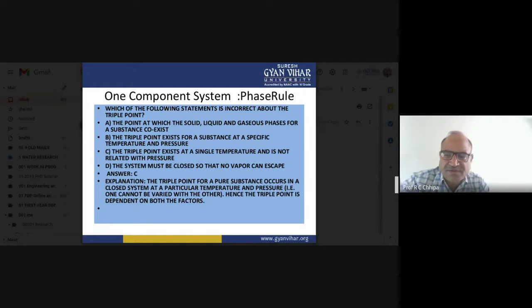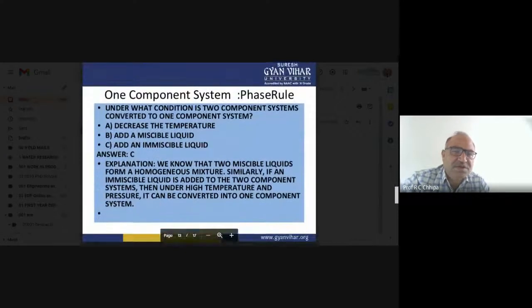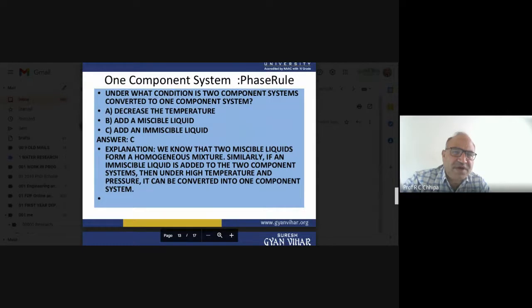Now we have one more question. Under what condition is a two component system converted to one component? Here, add an immiscible liquid, and in that way we get it converted to a one component system.